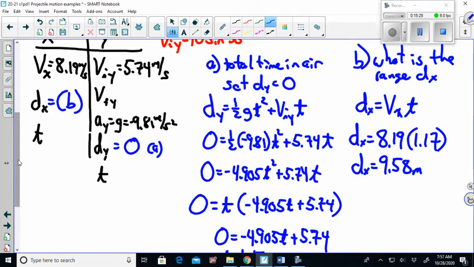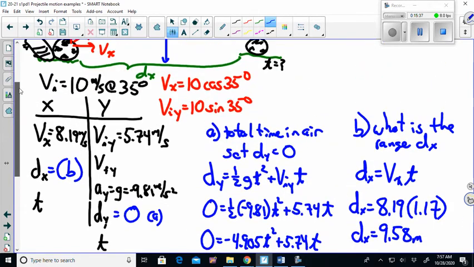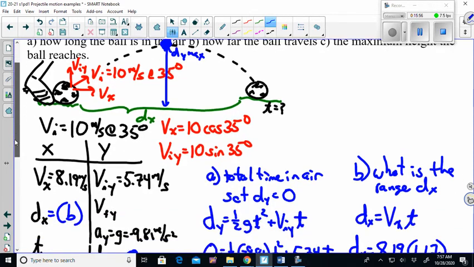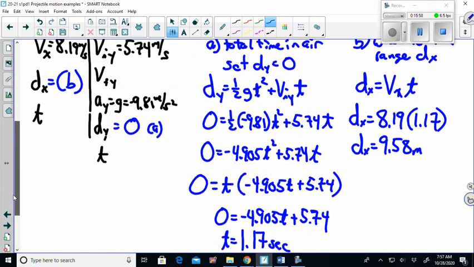Okay, now, again, be careful because we're going on to part C. Part C wants to know the maximum height. And we're talking about up here, when the ball's up here, not when the ball lands. The time is not 1.17. We could use half of that time if we wanted to, but again, then we'd be using a calculated value.